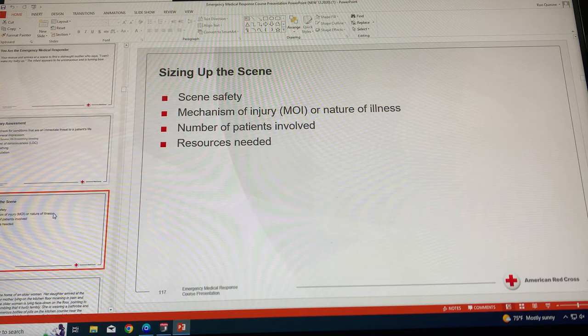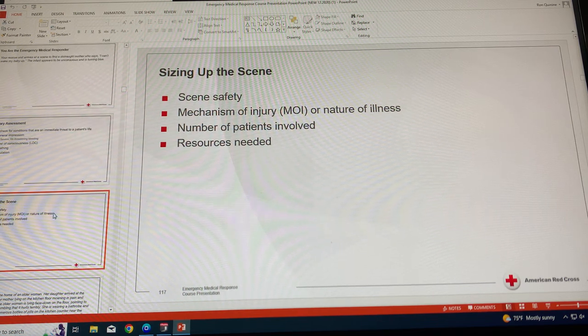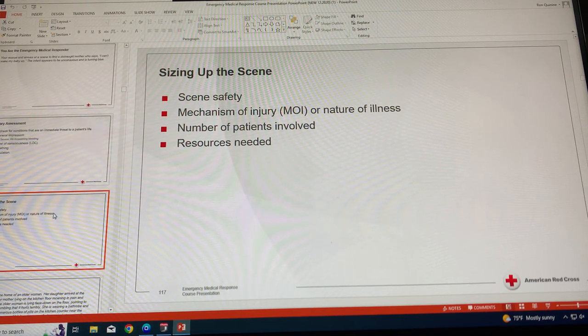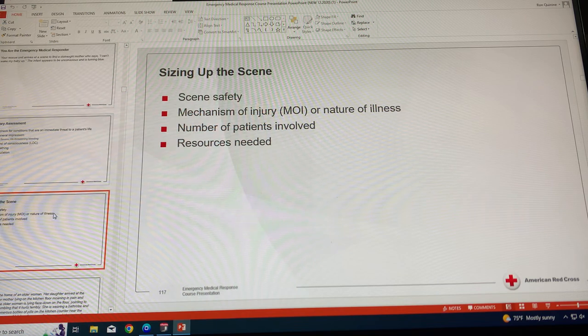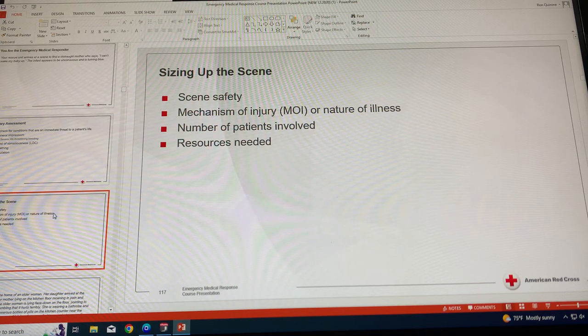Okay, our next slide here is sizing up the scene. Once you recognize that an emergency has occurred and decide to act, always remember the importance of sizing up the scene first.